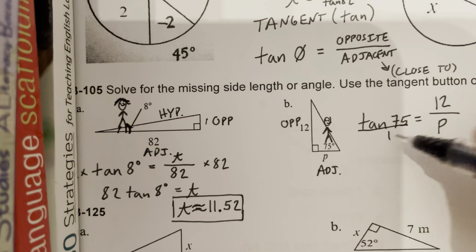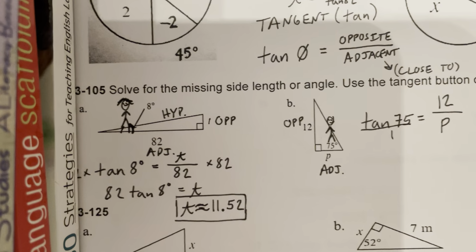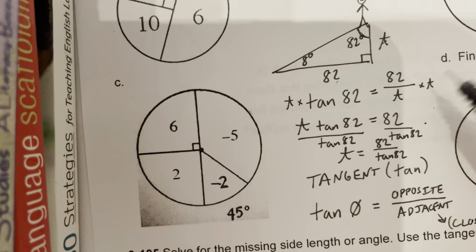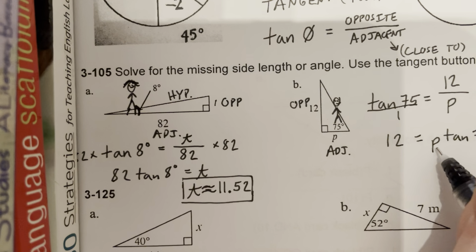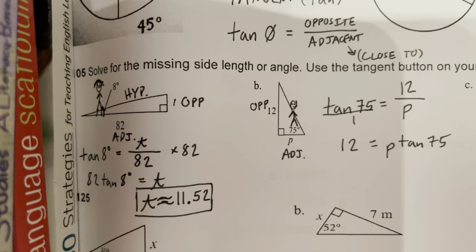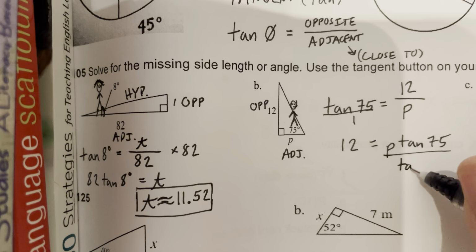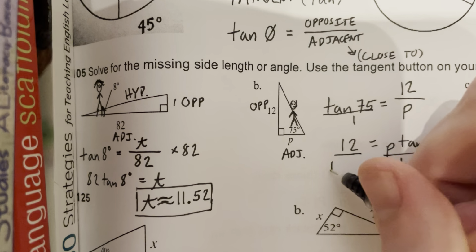Another way you can do this is cross multiply. So you could either multiply P to the other side like we did up here with T, or you could cross multiply if it makes it a little bit easier for you. So 1 times 12 is 12, equals P tan 75. Right now P is being multiplied by tangent of 75, so we divide by tan 75 on both sides.